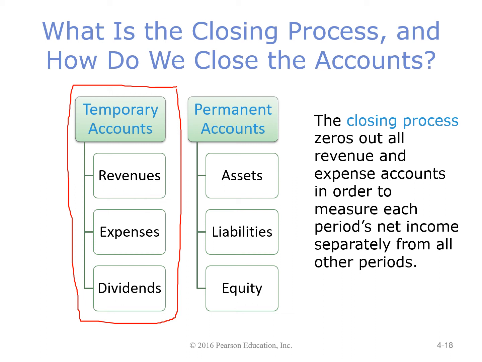These accounts move from one period to another with their balances, and this is a permanent account. This is why we say that the closing process zeroes out all revenue and expense accounts in order to measure each period's net income separately from the other.